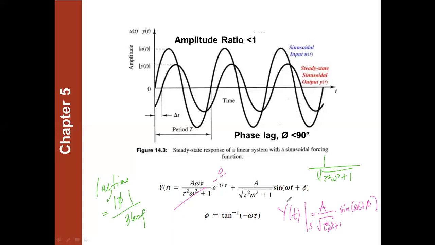Okay, one thing worth noting, by the way, is that the radian frequency of the input and the output would also be the same. So your input is A sine omega t. The omega there is the same omega that should be substituted on the output omega in the formula.